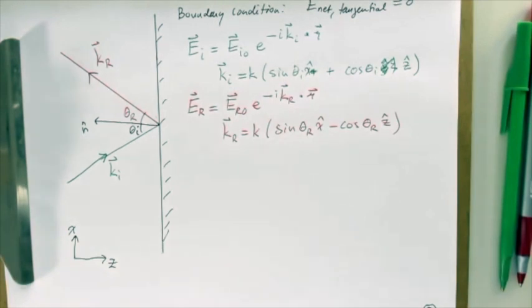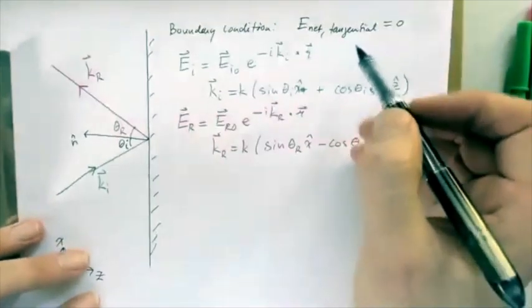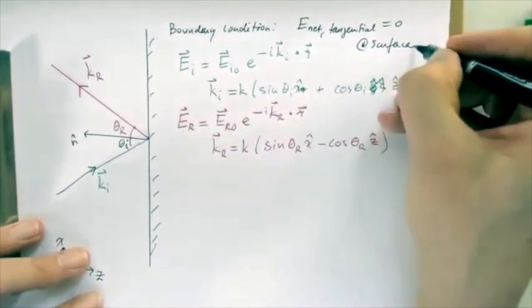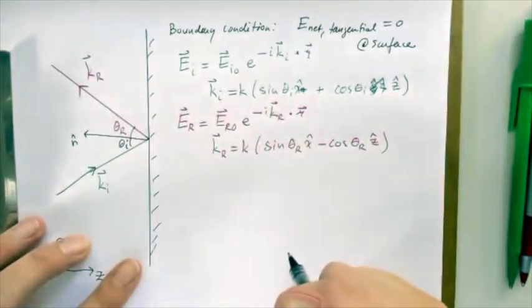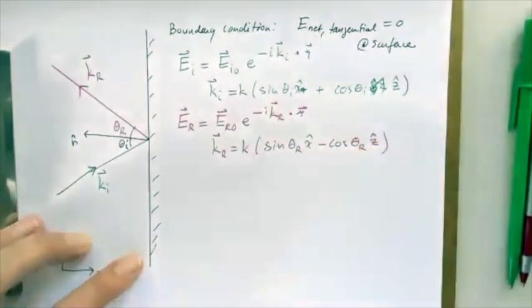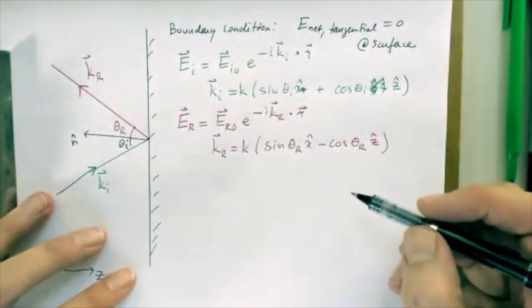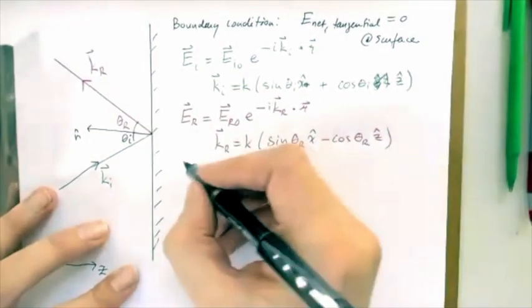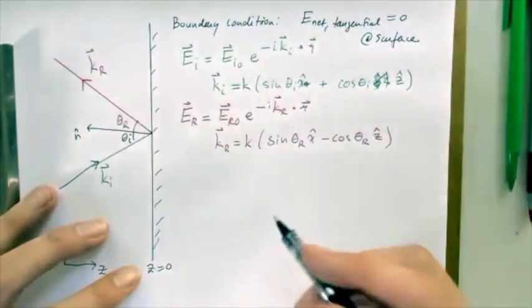Okay. Now, the boundary condition is that this is 0, that is at the surface. So if we want to evaluate this at the surface, we need to pick a position for the surface, and we might as well pick that position where z is equal to 0. So I'm going to place the surface there.